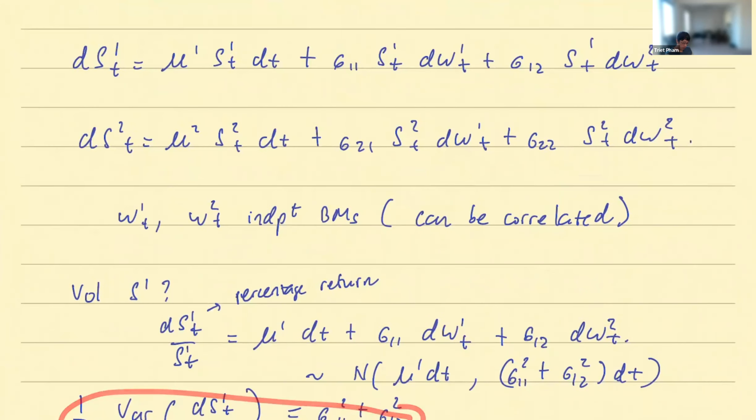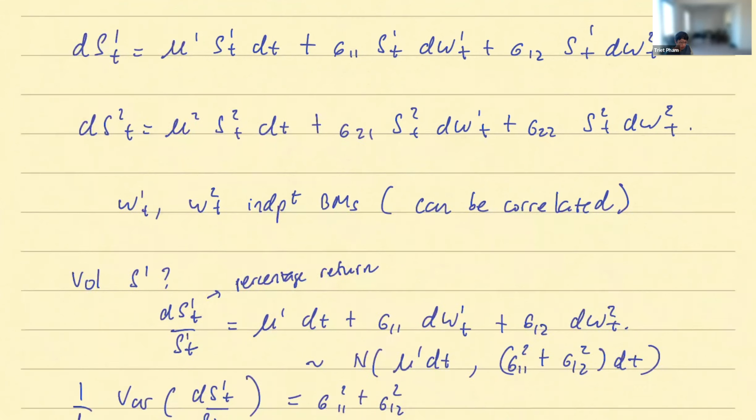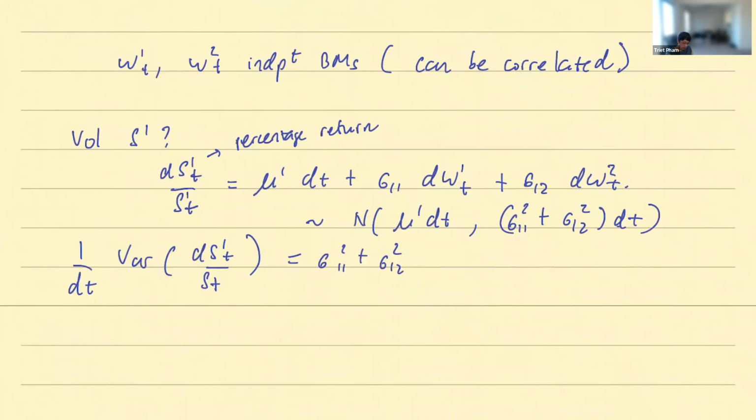I want to say again that this is indeed just an easy extension of the Black-Scholes, and every concept we talked about still makes sense. By the way, if you look at the log return, what's the rate of the log return?